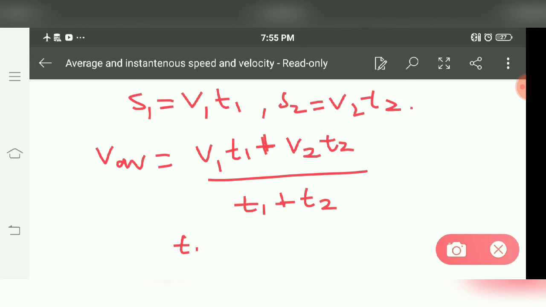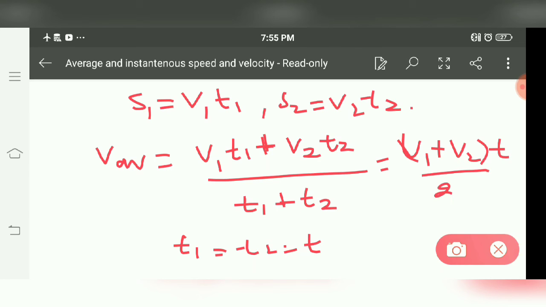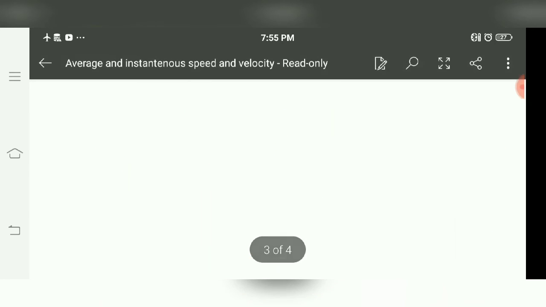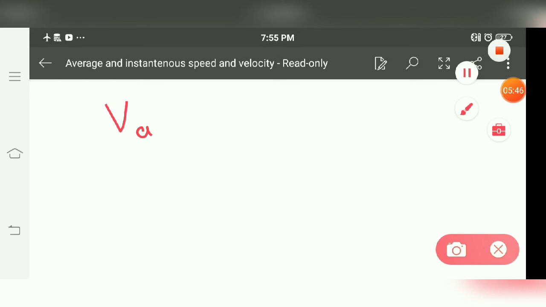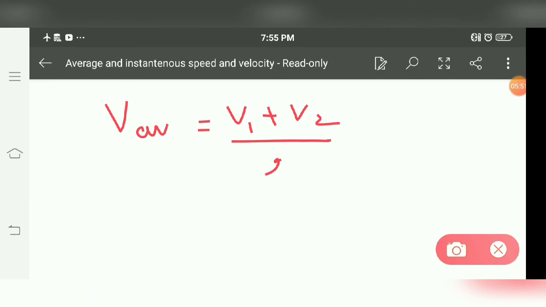Now again we consider a special case, where T1 and T2 are both equal to T. In that case we get V1 plus V2 times T in the numerator, and 2T in the denominator. T cancels with T, so V average is equal to V1 plus V2 by 2, like the mean of the velocities.